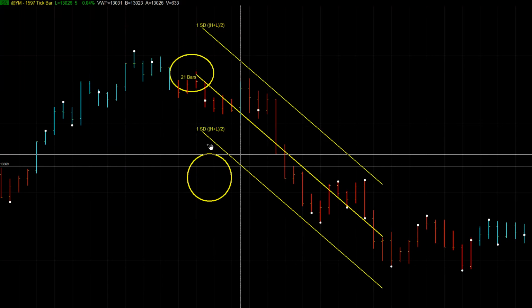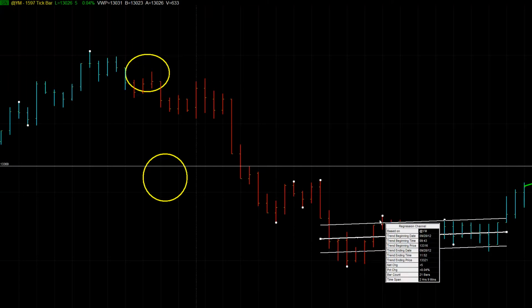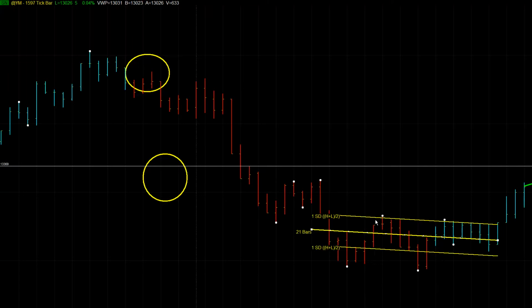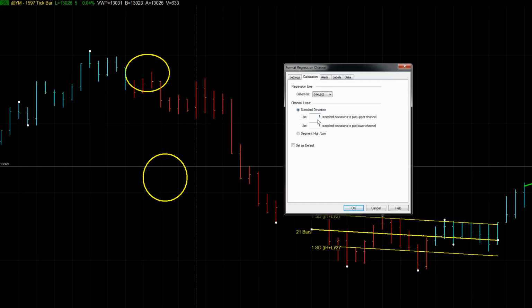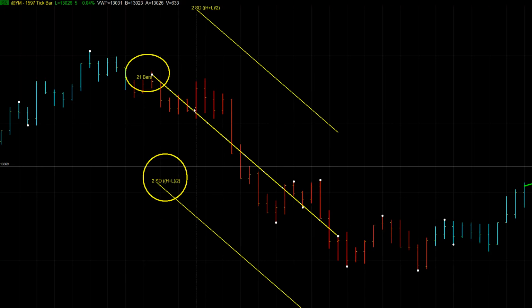So your entry and exit, as far as my rules are concerned, will be very tight indeed. That is why it's important that we have control over these two elements, namely the number of standard deviations and the number of bars that we are calculating.